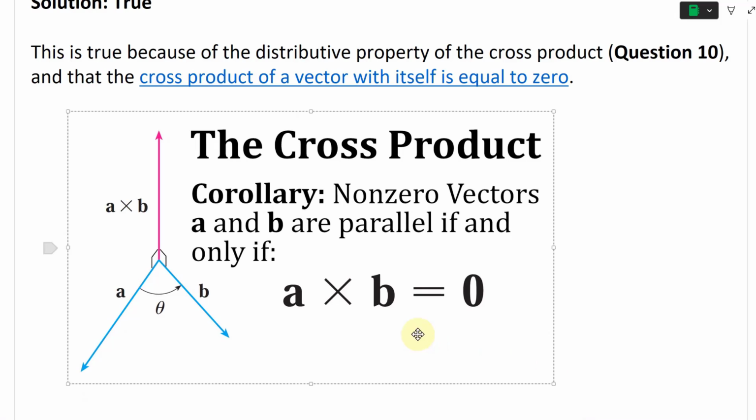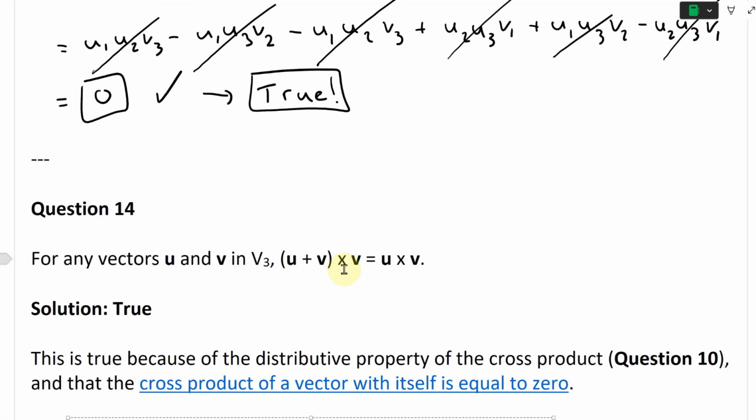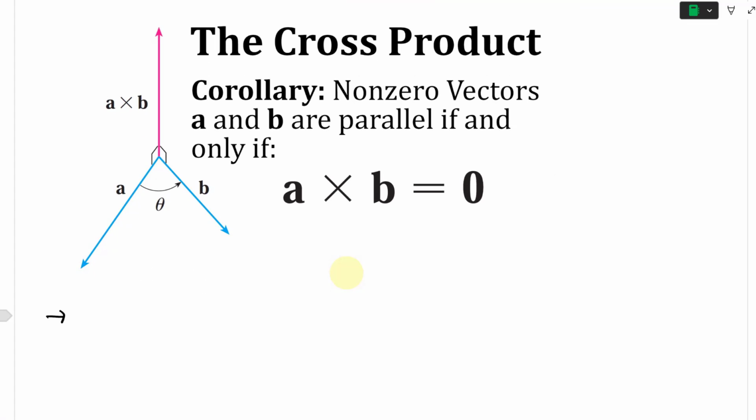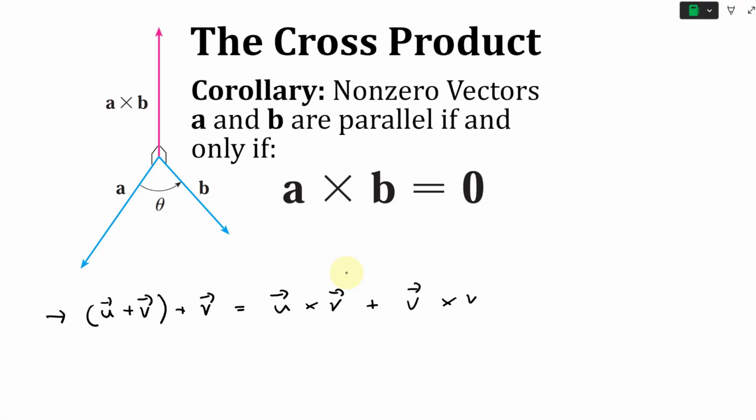Now we could draw this out just to illustrate this so we can evaluate this there. So if we have u plus v, and then cross v, this just equals, using the distributive property, multiply that inside, u cross v plus v cross itself.